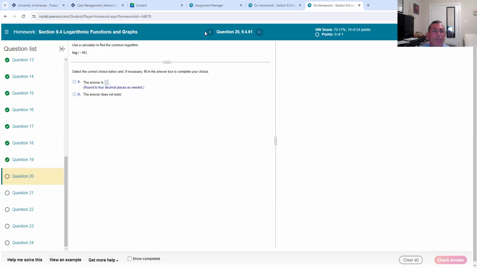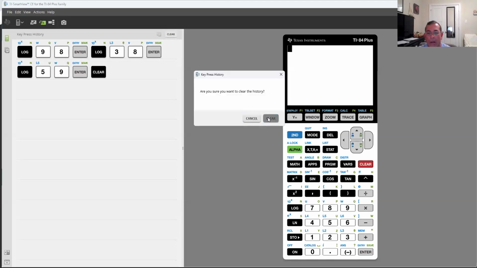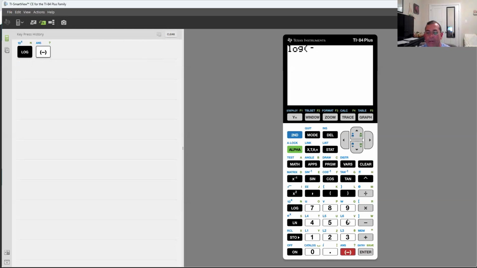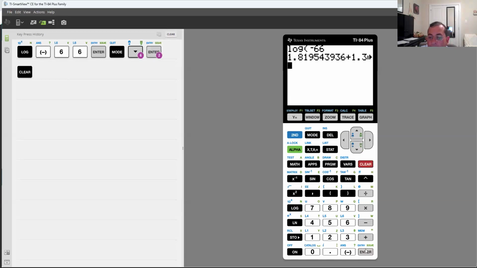So y'all watch what happens on my calculator when I do the log of a negative 66. Whoops, let me switch my mode back to real. Look at that. You get an error that says non-real answer.